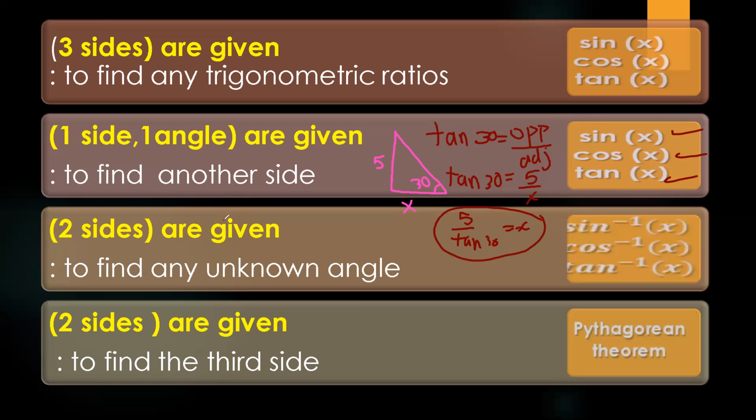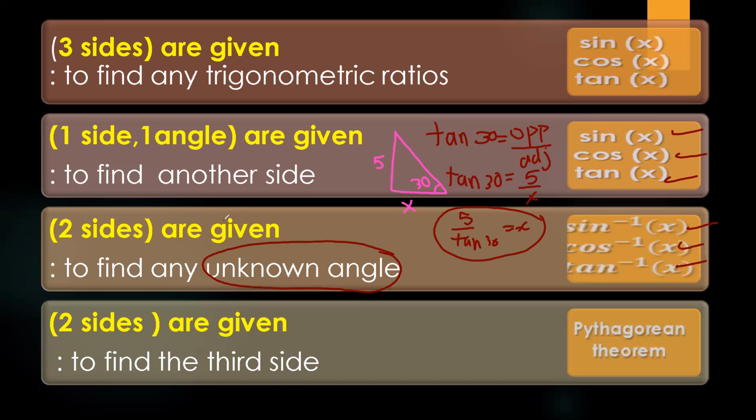If you have two sides given and you need to find the angle, you have to use the inverse of sine, cosine, and tan. So you have two sides, you need to find the unknown angle, you need to use the inverse.